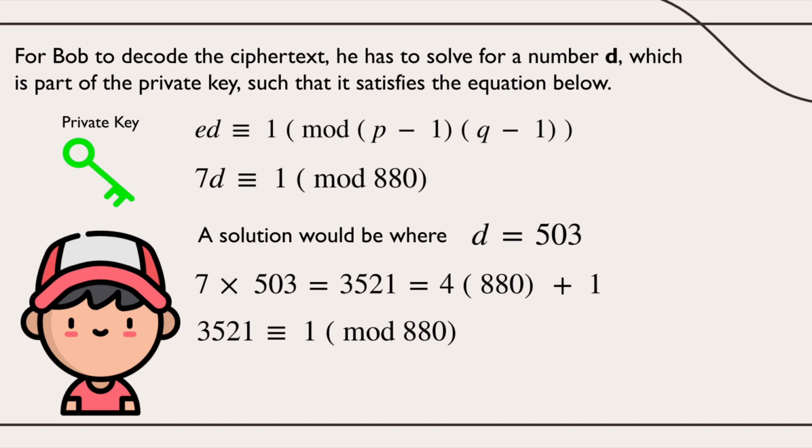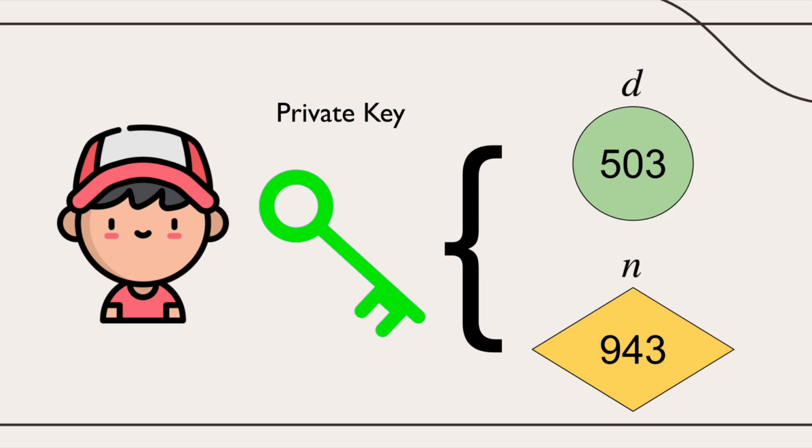Since 7 times 503 gives you 3521, and 3521 equals 4 times 880 plus 1. Therefore, 7 times 503 is congruent to 1 mod 880. Therefore, Bob's private key is made up of d and n, where d equals 503 and n equals 943.